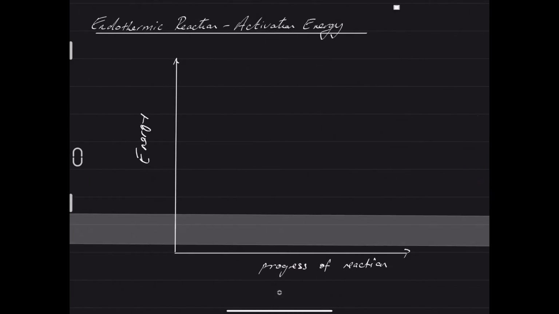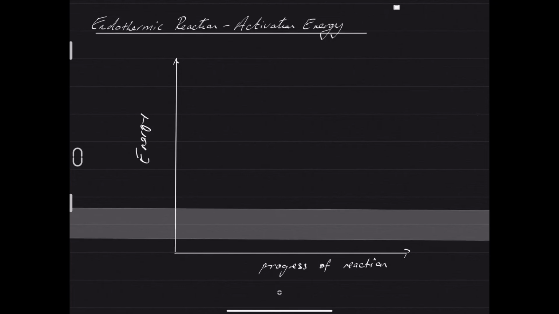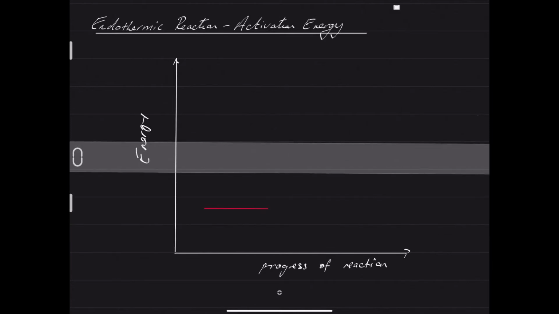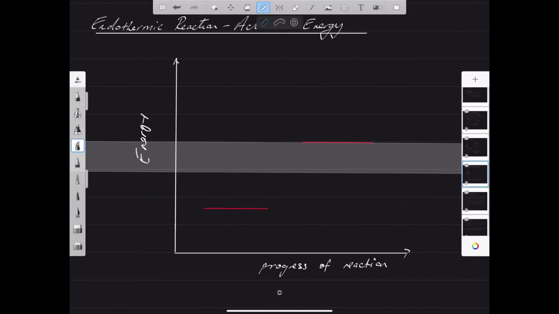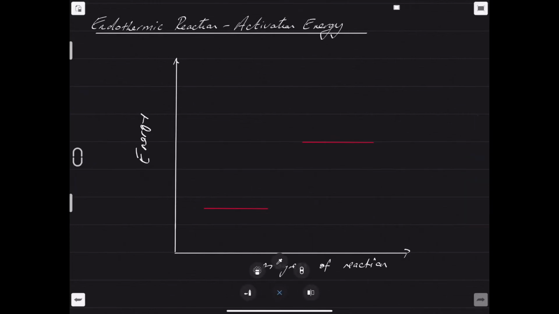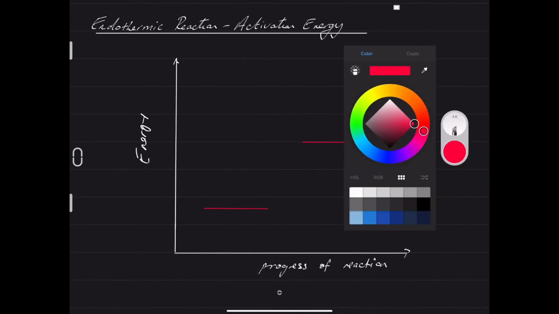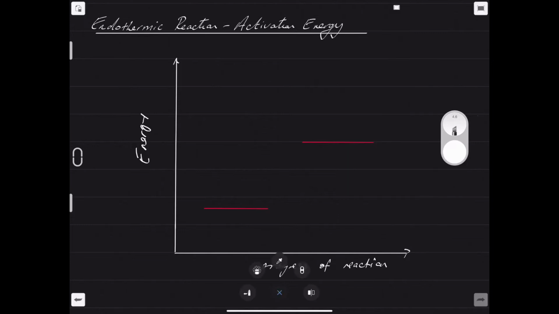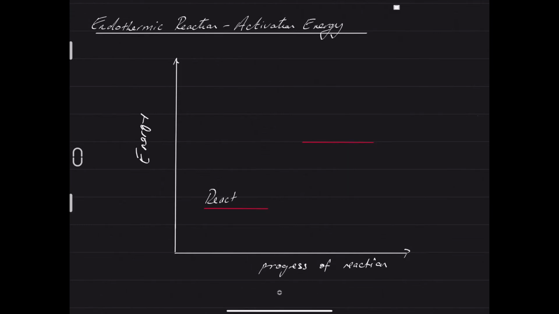Since it's an endothermic reaction, our reactants are going to be at a lower energy level than our products. So our products are at a higher energy level because this is an endothermic reaction. So here are your reactants, and here are your products.